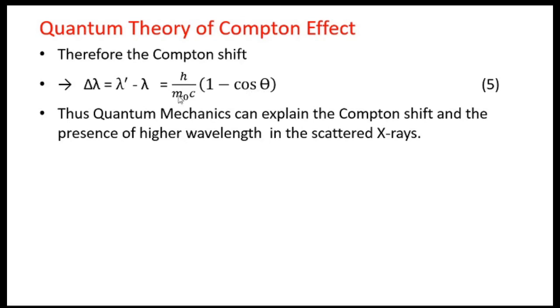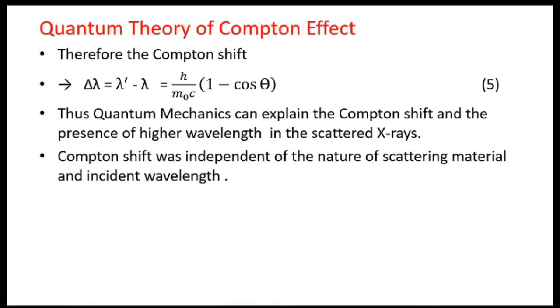All other terms are constant. Thus, by the quantum mechanical approach, we can explain the Compton shift and the presence of higher wavelength lambda dash in the scattered X-rays. The Compton shift is independent of the nature of the scattering material and the incident wavelength. It only depends on the scattering angle theta.